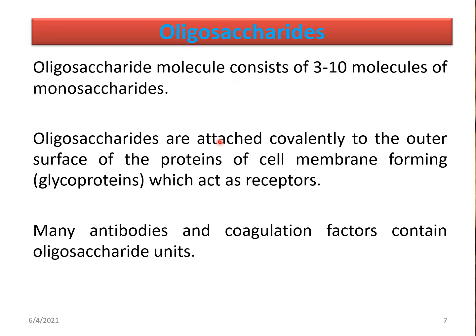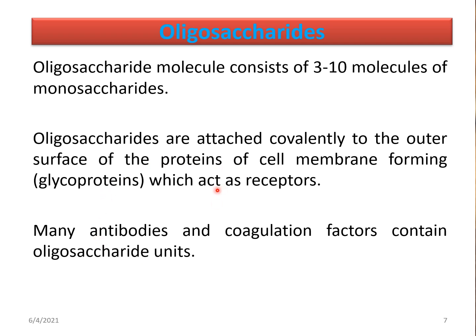Regarding oligosaccharides, they are carbohydrates consisting of 3 to 10 molecules of monosaccharides. They are attached covalently to the outer surface of proteins of the cell membrane, forming glycoproteins which serve as receptors.